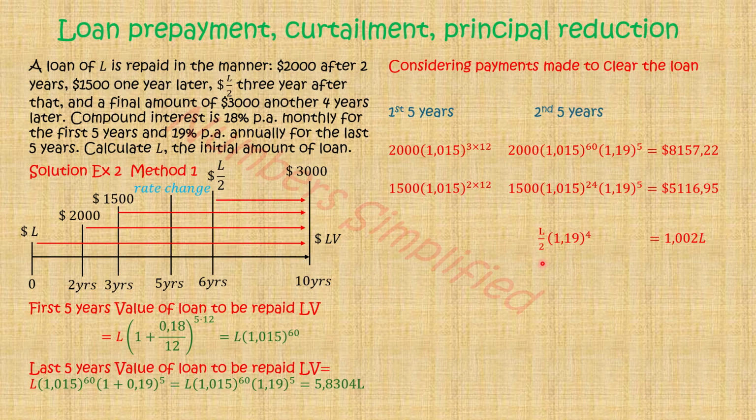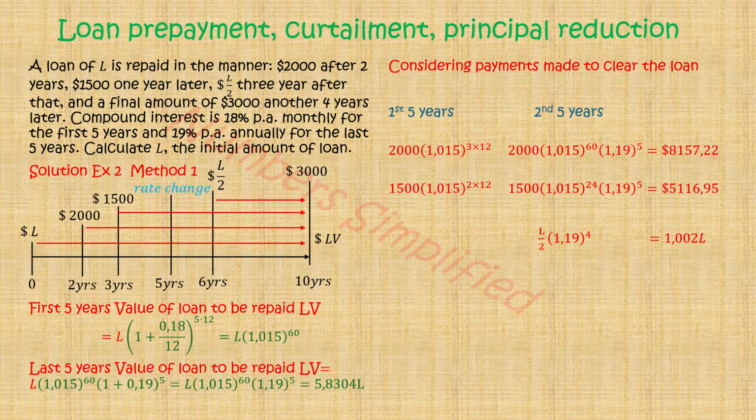So that would imply that we are going to have 1.19 raised to the power 4, the 4 years that were left. And because this was compounded annually, this one is less complicated than the other calculations that we had to make. So that would give us, when simplified, 1.002P.